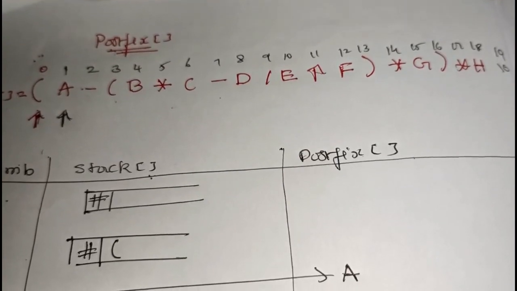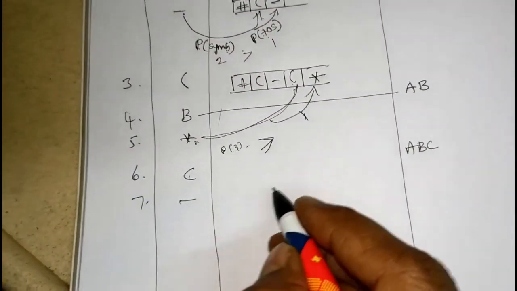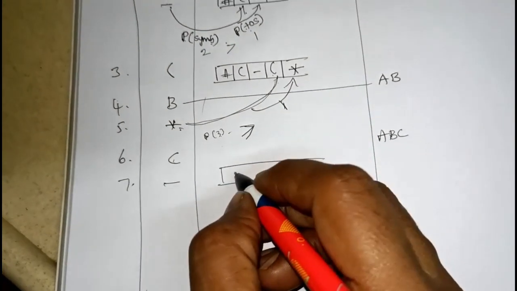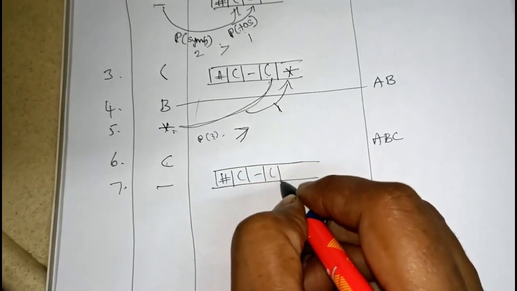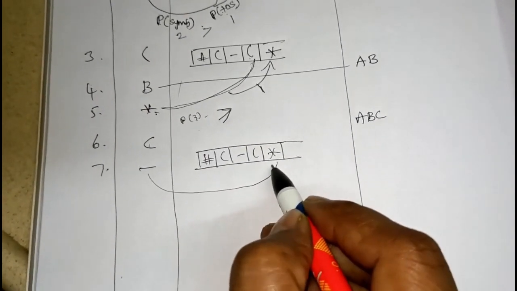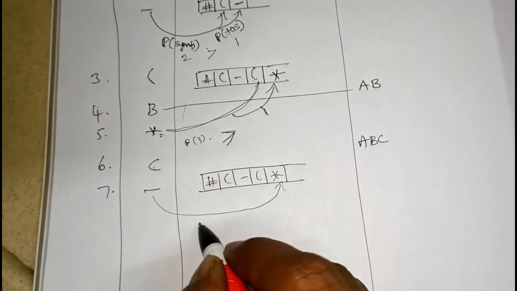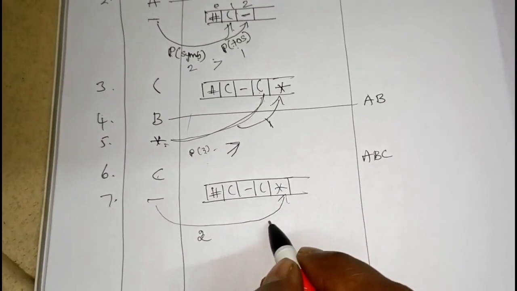So seventh one is minus. Now let me write here: hash, open, minus, open, star. Now this is compared, with precedence of minus is 2 and precedence of star is 3.